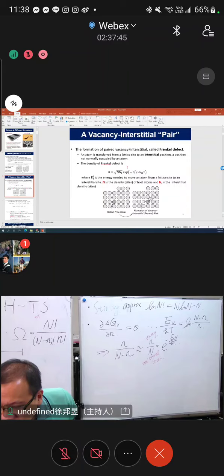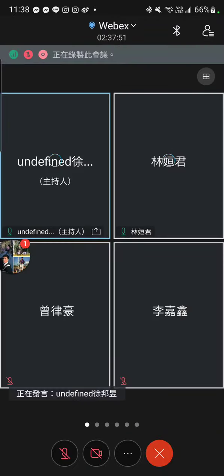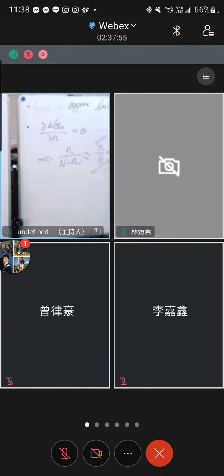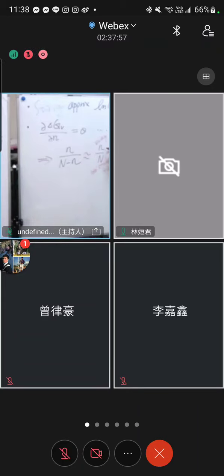Okay, let's quickly look at the physics. Now let's look at it. You know the probability of forming a vacancy. How if I take an I atom and then put it into the interstitial site?